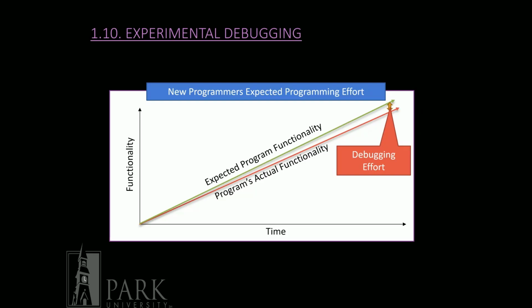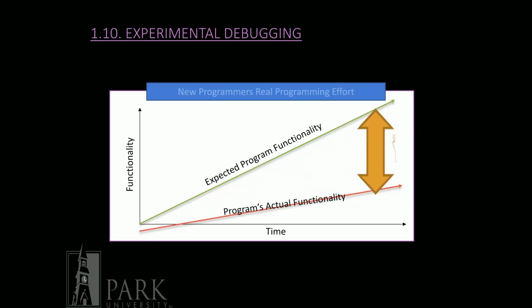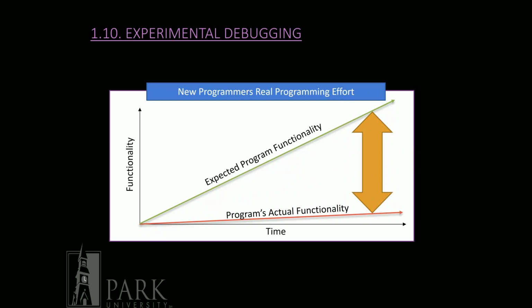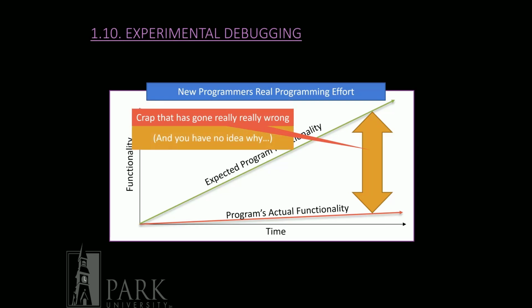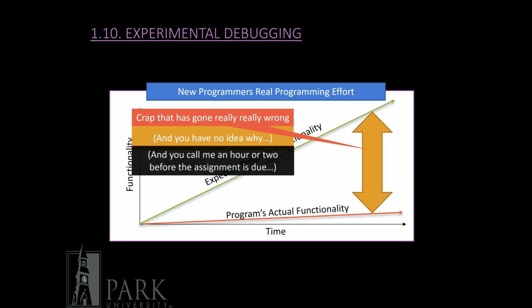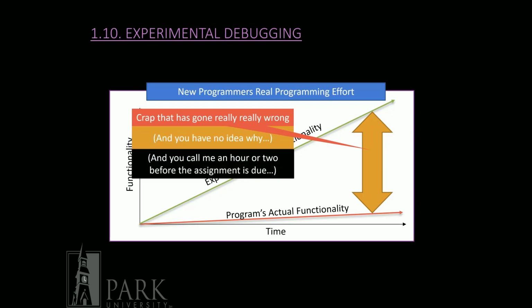However, for new programmers, this is what it really looks like. You are going to be making lots and lots of mistakes, or as I like to say in my face-to-face class, this is the crap that has gone really, really wrong, and you have no idea why. And you call me an hour or two before the assignment's due, and then I laugh at you.